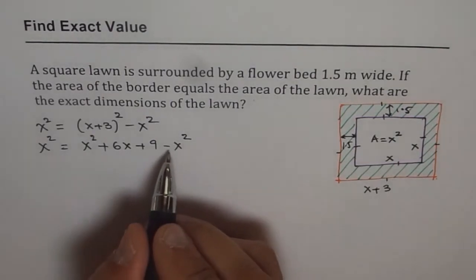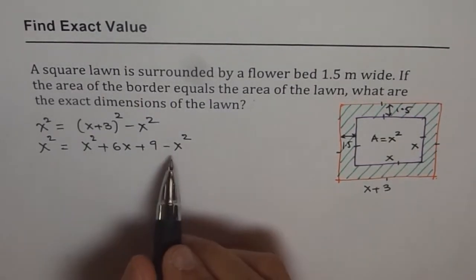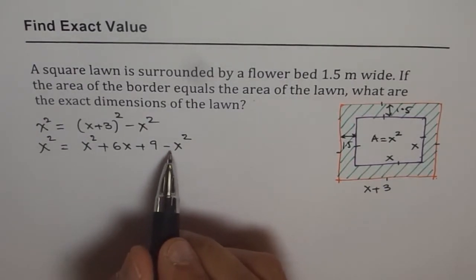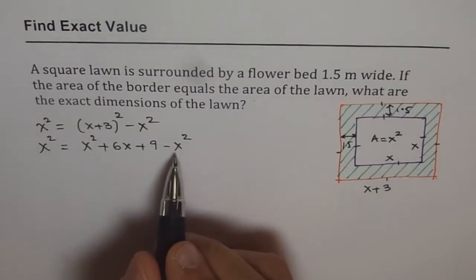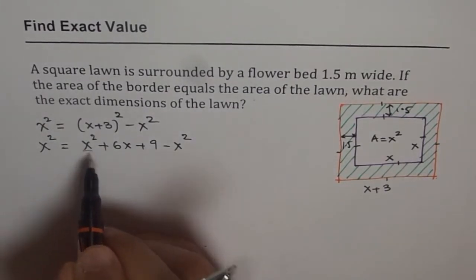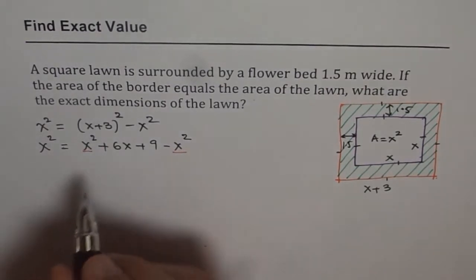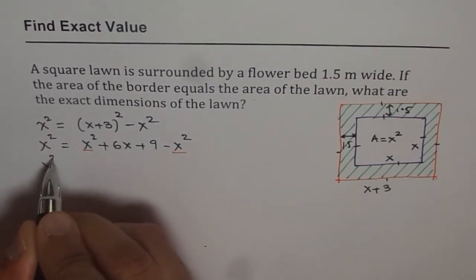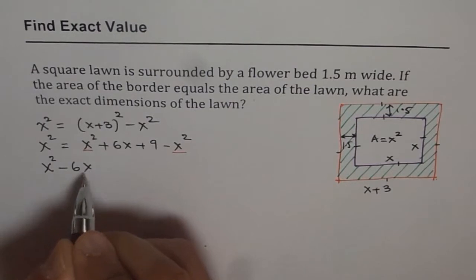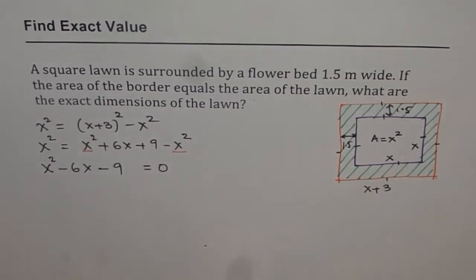So we are left with minus x squared. I prefer to bring all the terms to the left, and I always want x squared to have a positive coefficient. So we have x squared minus x squared, which is 0, and I'll bring all the terms to the left side. So we get x squared minus 6x minus 9 equals 0. So that is the equation.